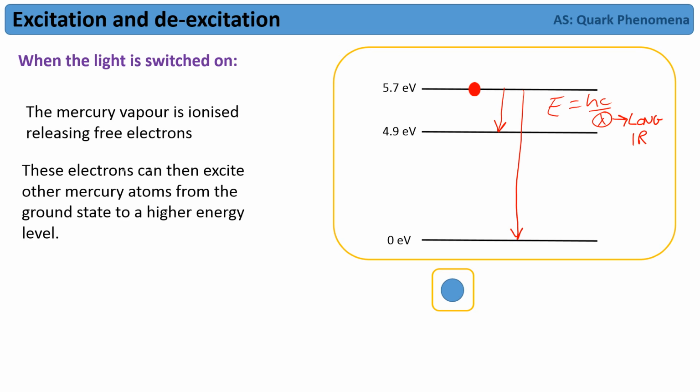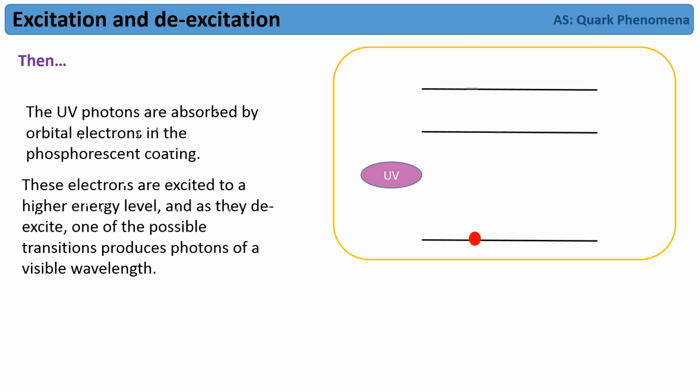For the higher energy level transitions, because E is equal to hc over lambda, a higher energy means a shorter wavelength, but a higher frequency, and that corresponds to a UV photon, which is also not visible. However, that UV photon is then able to be absorbed by an electron in the ground state of the fluorescent coating.